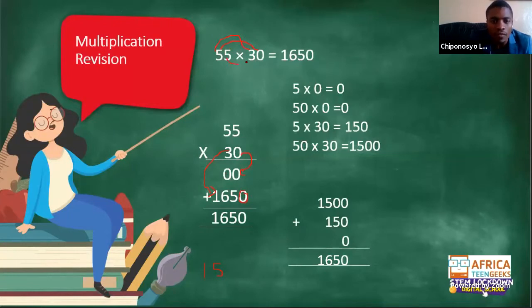So one part you're going to have the 5 out of the 50 multiplied by 0, and one part multiplied by 30. One part the 0 out of the 30 being multiplied by the 50, and the 30 multiplied by the 50. You get answers, then you add them together, you get 1,650. Right. So that one is more simple.